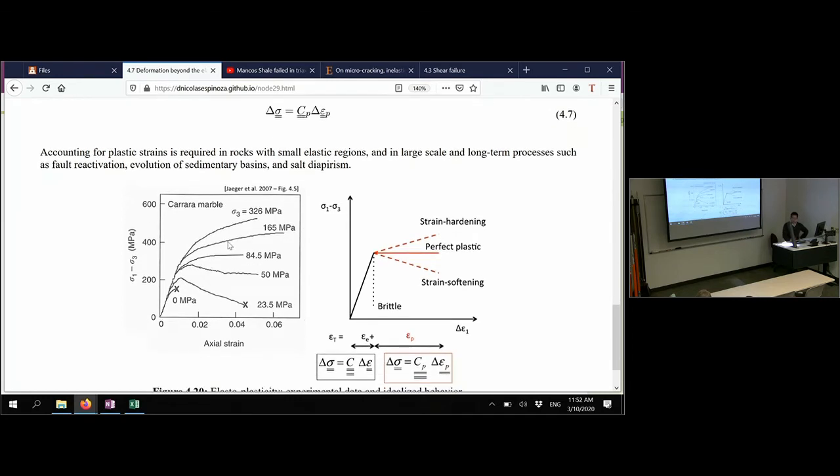The higher the temperature, the more ductile rocks get, and also that coincides, the deeper you go, the more stress you have, the higher the temperature, and the more ductile the rocks get. And it also depends on time. Usually if you load the rock very quickly, it tends to behave more brittle than if you load it over the term of millions of years.